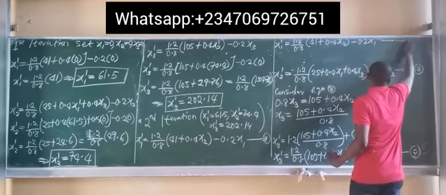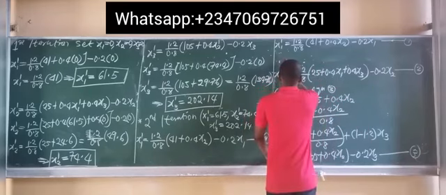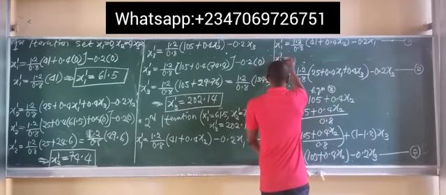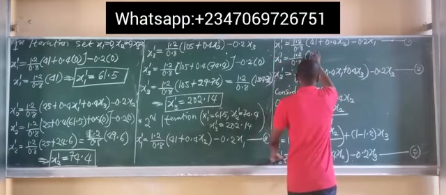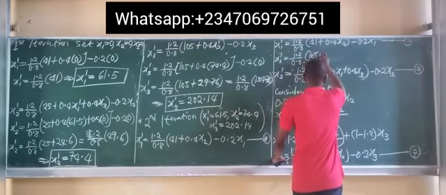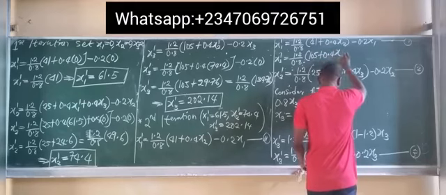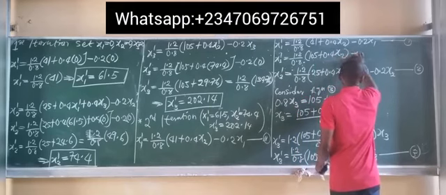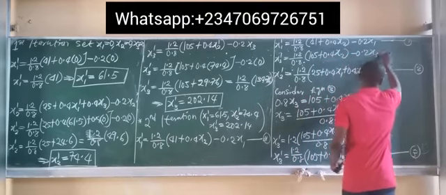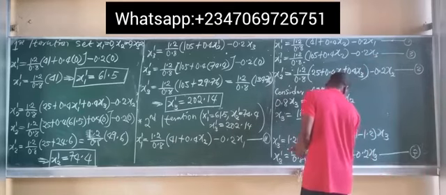This was equation 1, and this is equation 2. Let's also pull up equation 3: x3 prime equals 1.2 over 0.8 into 105 plus 0.4 x2 minus 0.2 x3. This is equation 3.